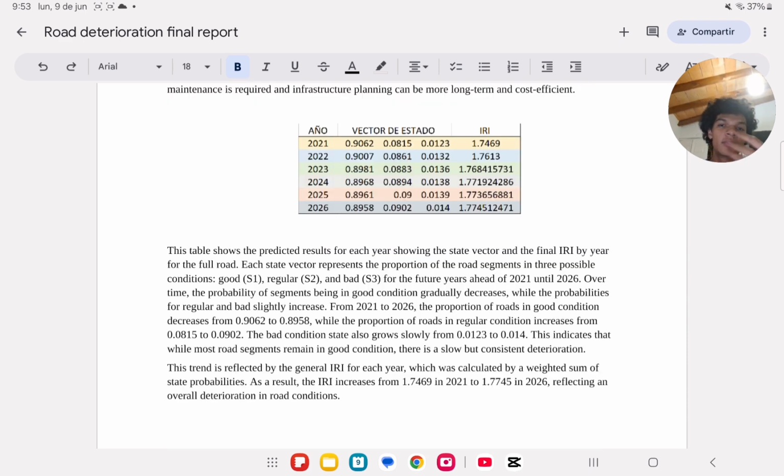And as a final conclusion, we can see that all the results say that the road is actually deteriorating, but at a normal deterioration speed. So we can see at the end, it increases from 1.74 to 1.77 in 2026.